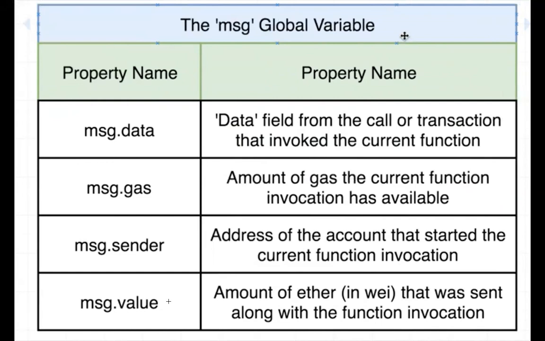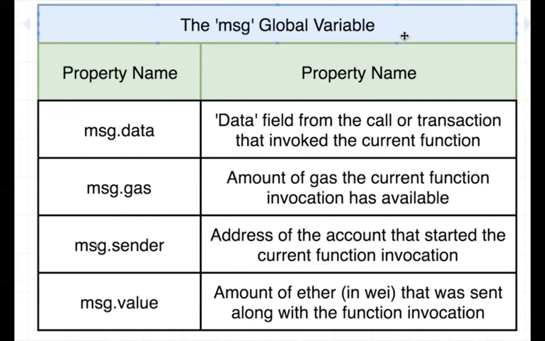This is important if we want to ensure the amount of money that someone has sent to our contract, and we will be making use of this value property later on in the contract itself. The property I care about right now is the MSG.sender, because it tells us the address of the person who's starting up the invocation. The MSG global variable is available when a transaction is sent in or when we do a call.